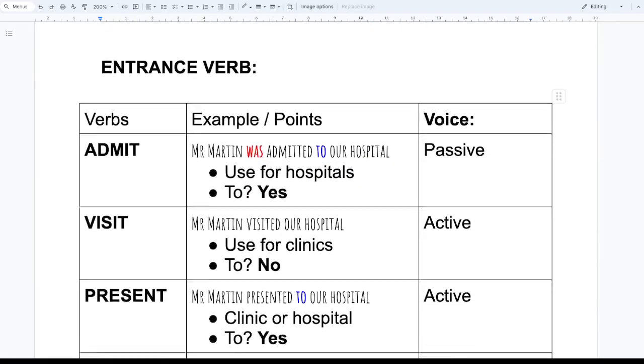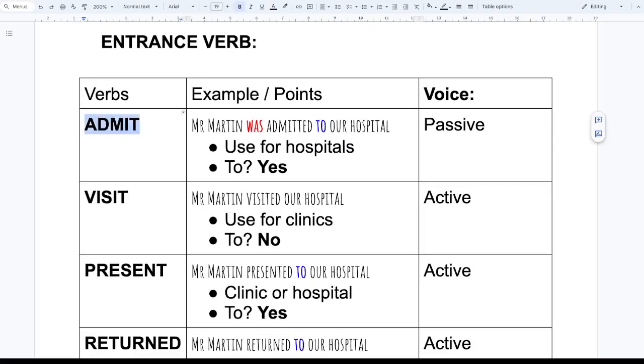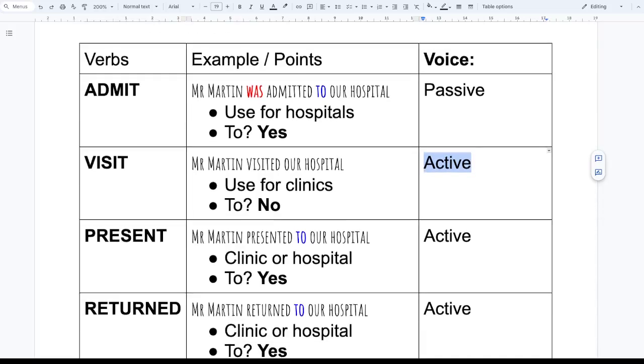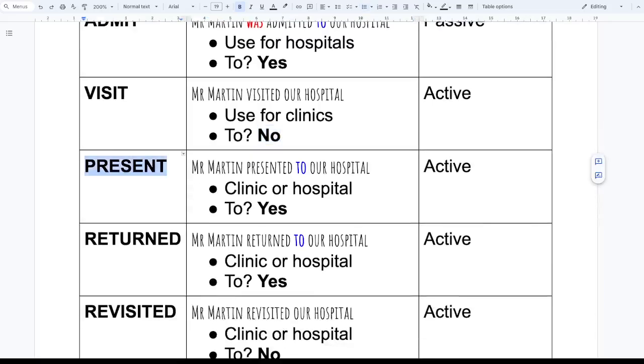So just don't forget, admitted, passive, to, yes. Visit, active, this is OET, okay? Visit, active, to, no. Present, active, to, yes.